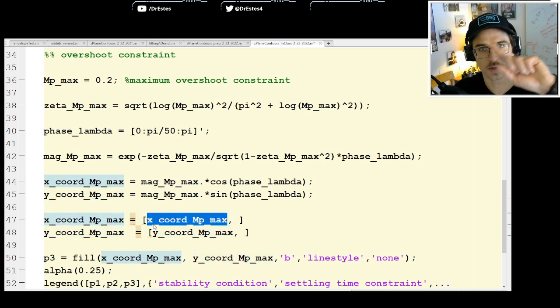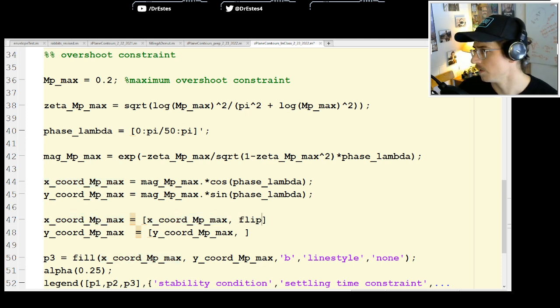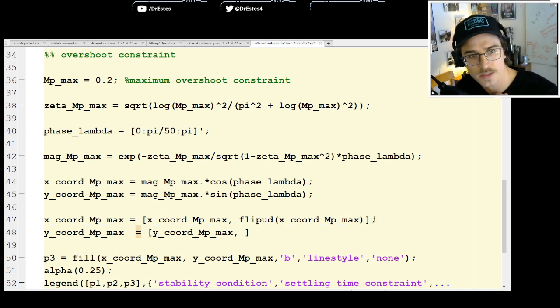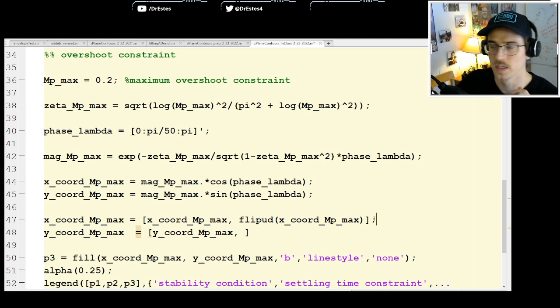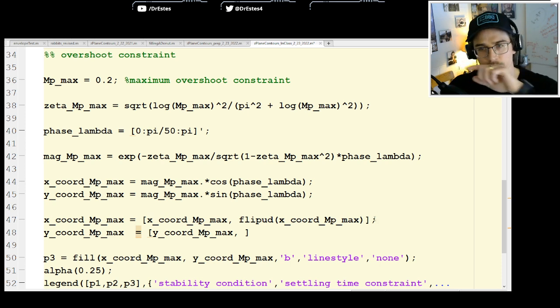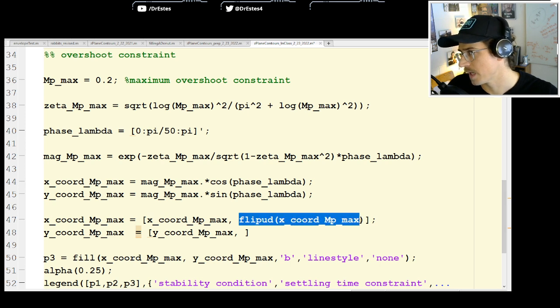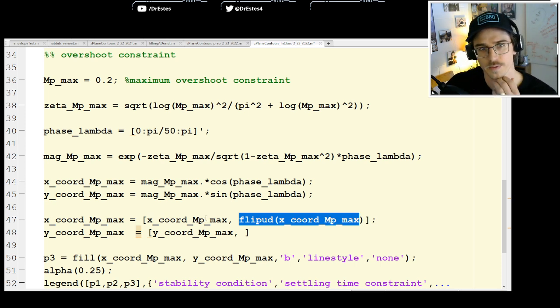These x coordinates go around the circle, and then I'm going to use this interesting command that you might not have seen, flip up down. What this flip up down command does is it takes a vector and just flips it around. So if our x coordinate is going from -1 over to 1, then this flip up down will come back the other way. It's kind of like we're working around the circle from the other side.